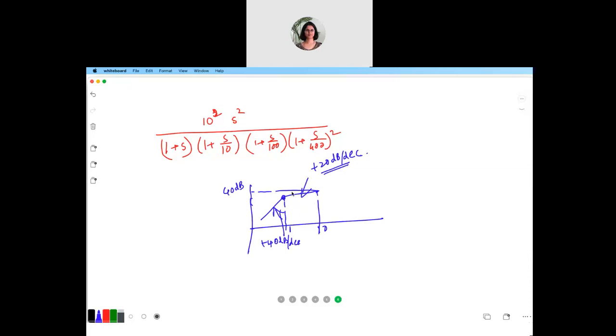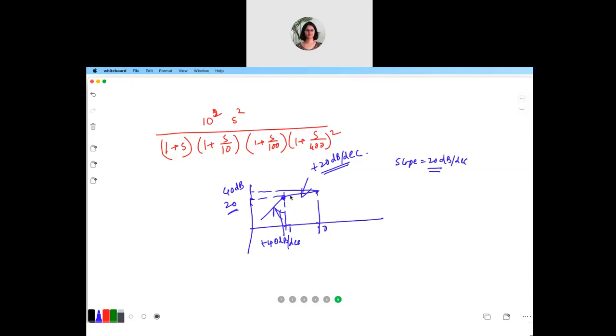See, the slope is 20 dB per decade. So from 10 to 1, there should be a change of 20 dB. So here if it is 40, then here it must be 20. If this is 40 at 10, at 1 it must be 20. Like that you have to calculate.